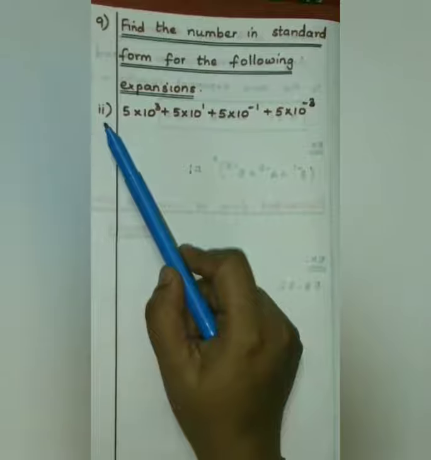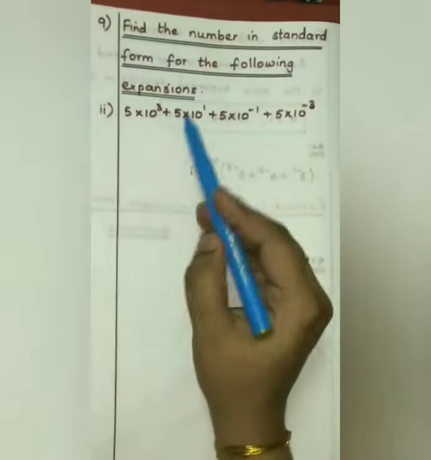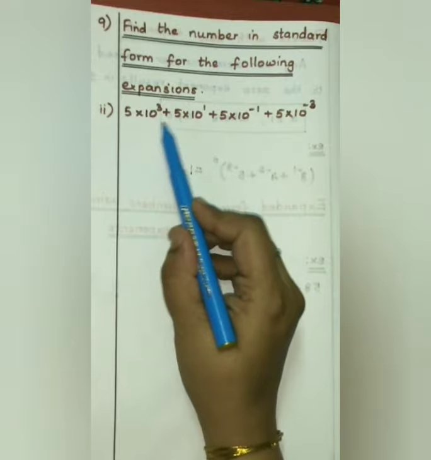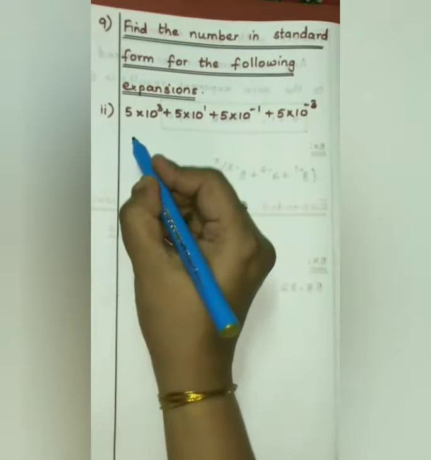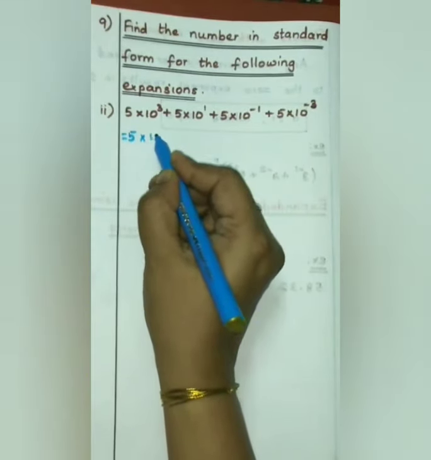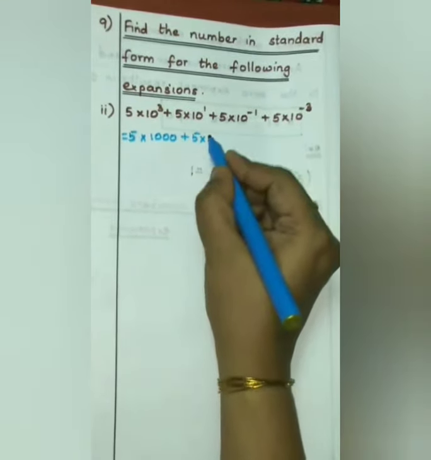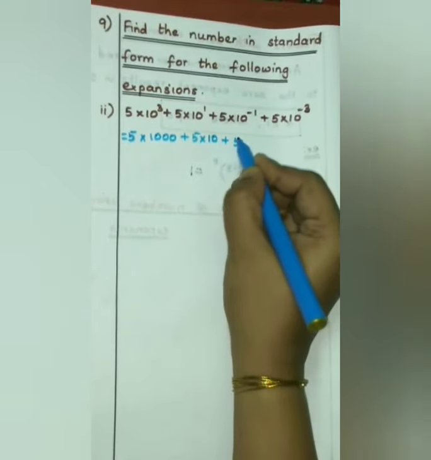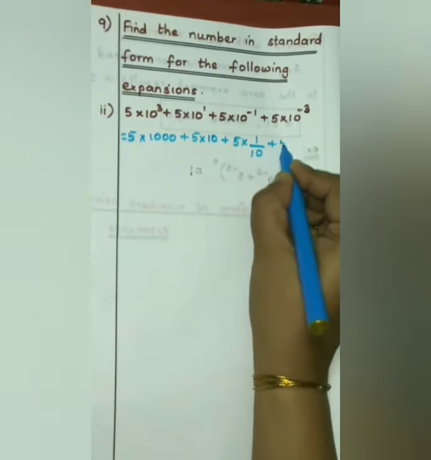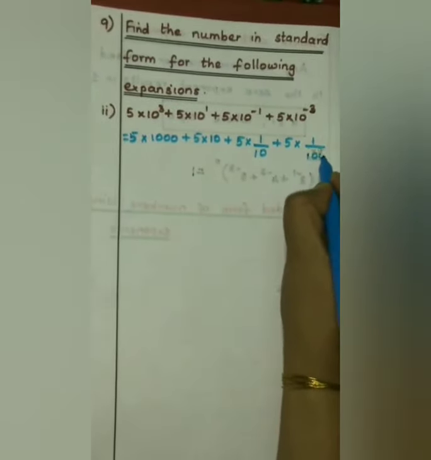Ninth problem, second subdivision. We are asked to find standard form for this expansion. So the next step, you find the value of the exponential notations. So 5 into 10 to the power 3 is nothing but 1000, plus 5 into 10 to the power 1 is 10, plus 5 into 10 to the power minus 1 is 1 by 10, plus 5 into 10 to the power minus 3 is 1 by 1000.